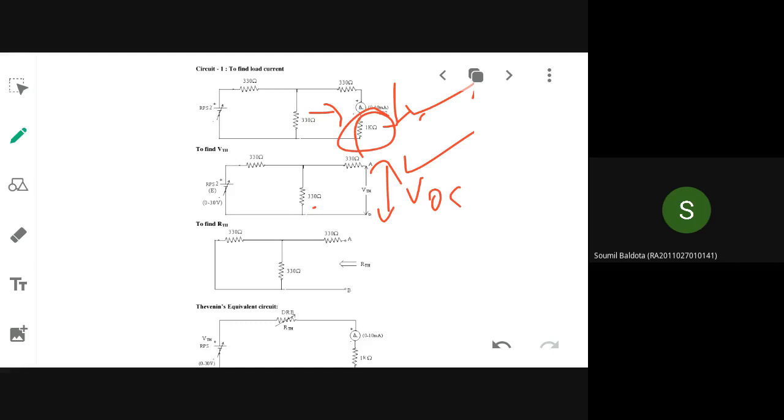You already finished verification of KCL from that only. It has all the experiments together. No, I am separating the second experiment alone.